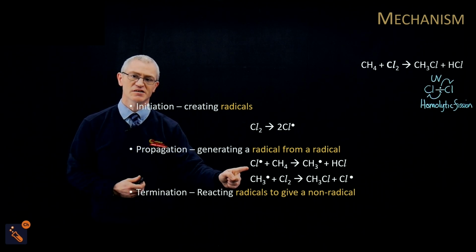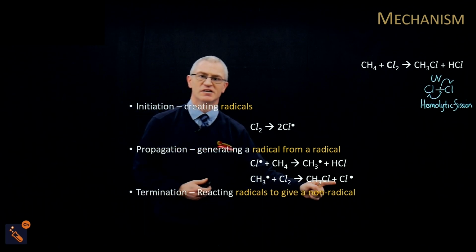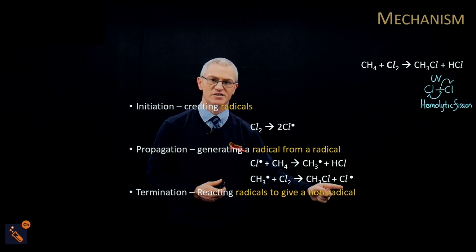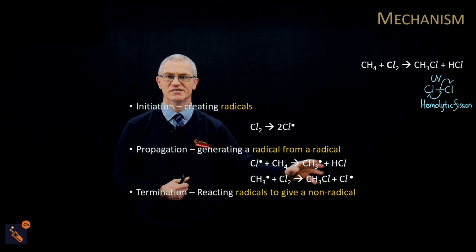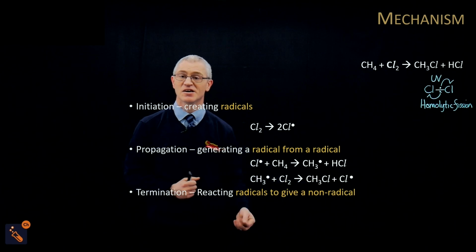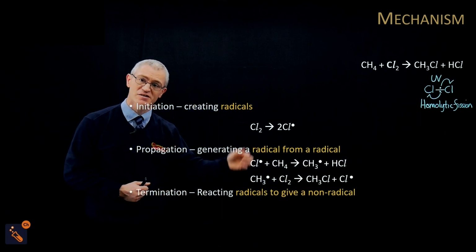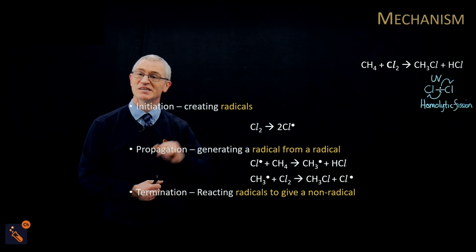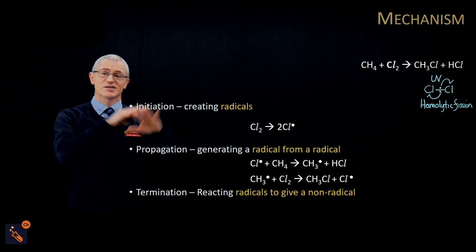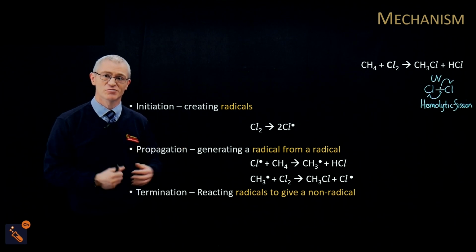You've got chlorine here, which is used up, and chlorine here, which is regenerated. So used up, then regenerated. And we'll focus upon that again in our next example. But that means it's a catalyst, which means that this process keeps on going and going, because the chlorine goes right back to the start and then begins the whole process again until the methane runs out, which means it can be a huge explosion because it happens so quickly.